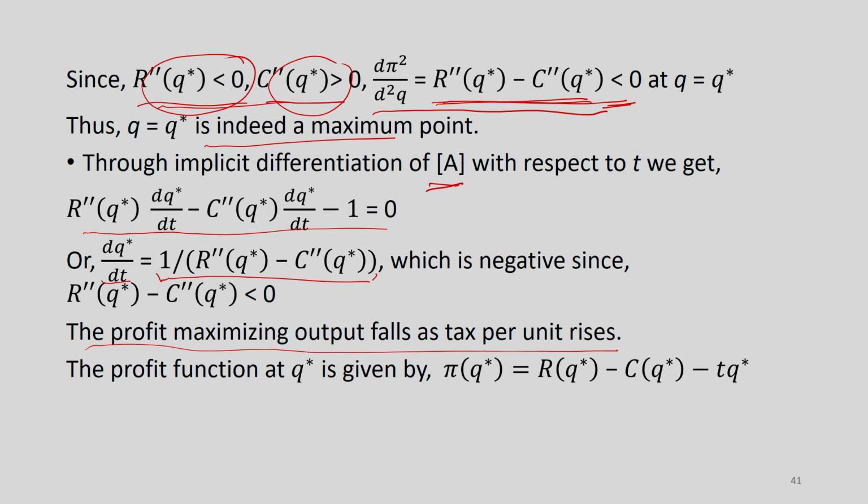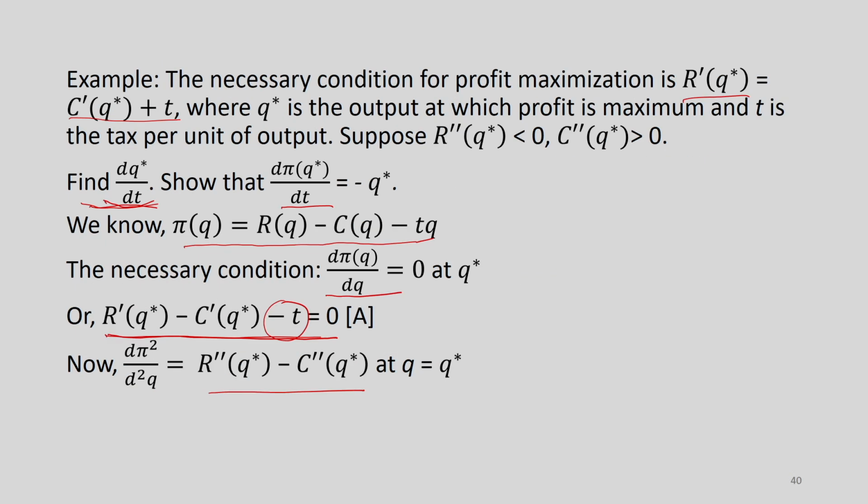Well, it cuts the other way also, that as the tax per unit falls, the profit maximizing output will rise. Okay. Now, what we need to show now is this, d pi q star dt is equal to minus q star. What it means is that the maximized profit, how much does it change with respect to t, and we have to show that it is equal to minus q star.